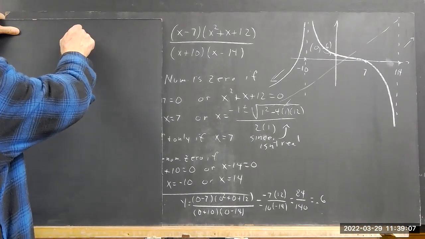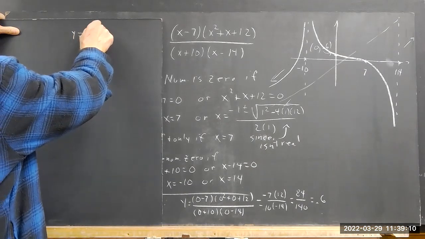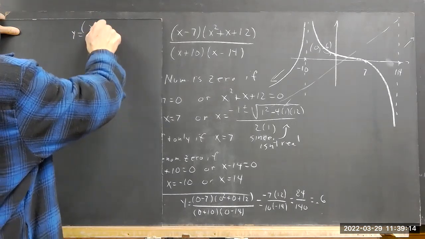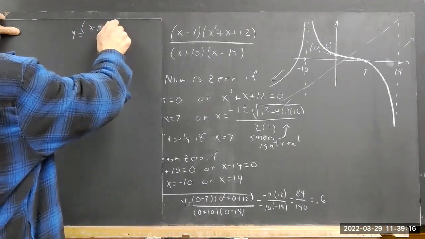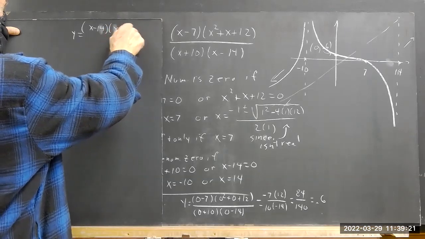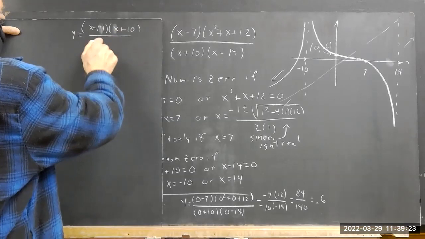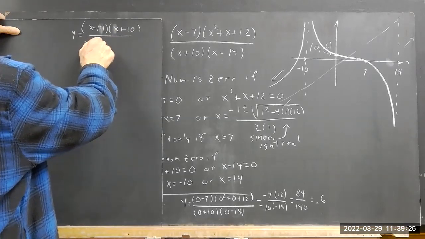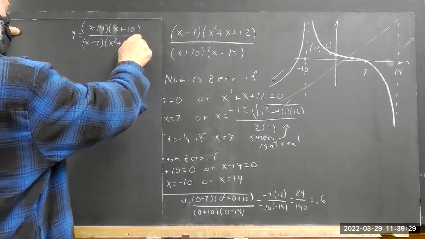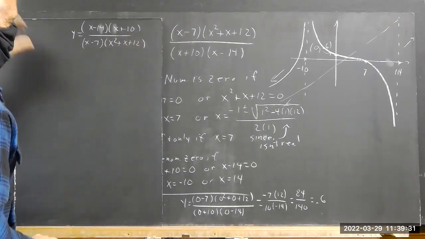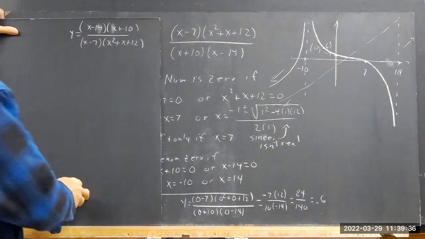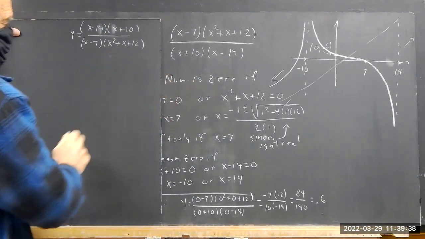So if you got y equals x minus 14 times x squared times x plus 10 over x minus 7 times x squared plus x plus 12. Okay, well, the same stuff tells you that the denominator is now 0 wherever the numerator of this one is 0.